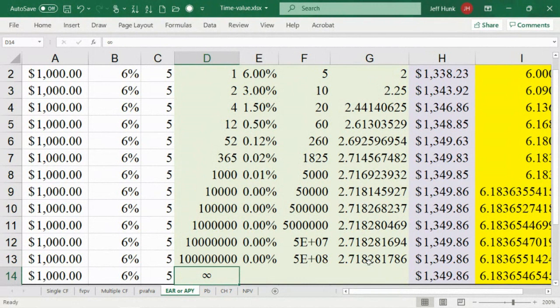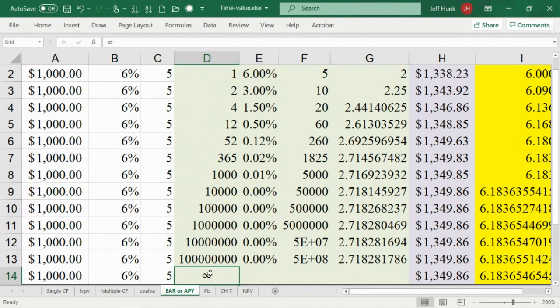It reaches a certain limit, right? It doesn't increase. The point is, it's not going to be explosive. It's not going to be exploding. It's not going to be a huge number. It will just approach a certain limit, right? So beyond like 100,000 it is always 2.718.